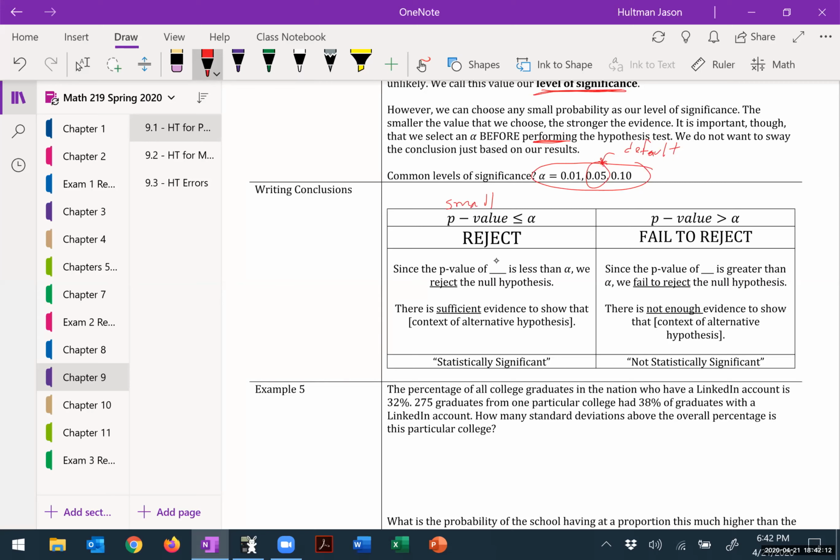There is sufficient evidence to show that blank, and then you have to state it. There's sufficient evidence to show that we reject the null hypothesis. We reject the claim. We call BS on the claim.